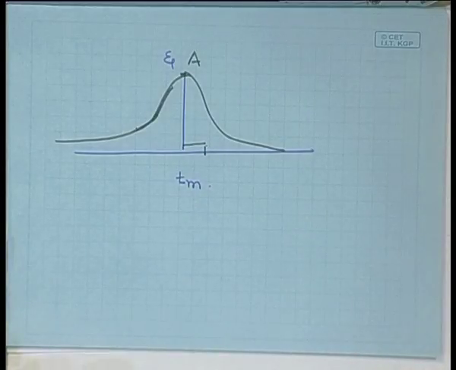So, at the point x equal to 6, the maxima is going to occur at a slightly later time, 1 by Cs, and the whole curve would have shifted by the same amount, 1 by Cs, same amount of time.